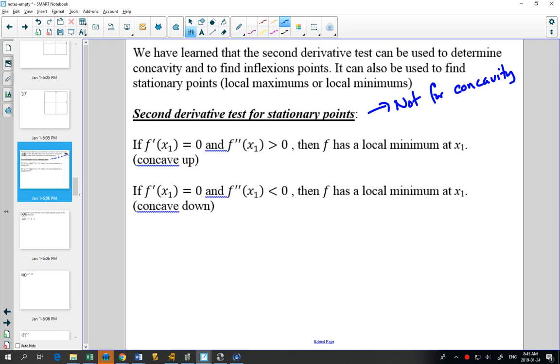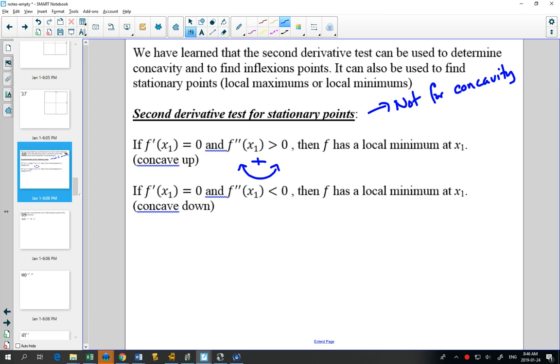Okay? So what the second derivative test says is if we find that our first derivative is equal to 0, a critical point, and then we find out on our second derivative that it's greater than 0. In other words, when your second derivative is greater than 0, you know it's concave up.